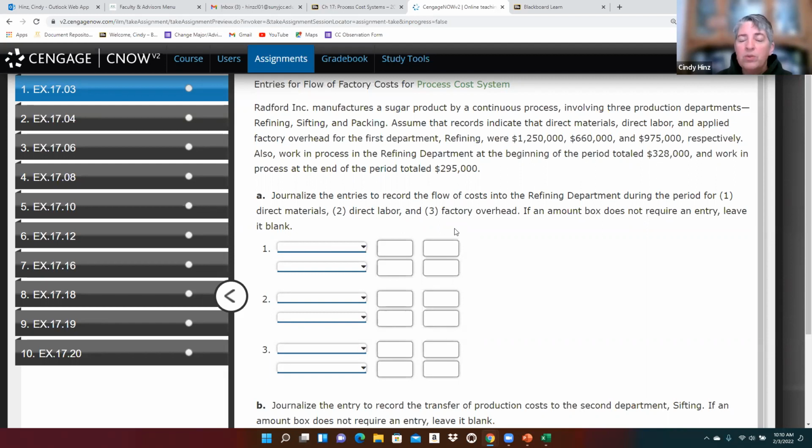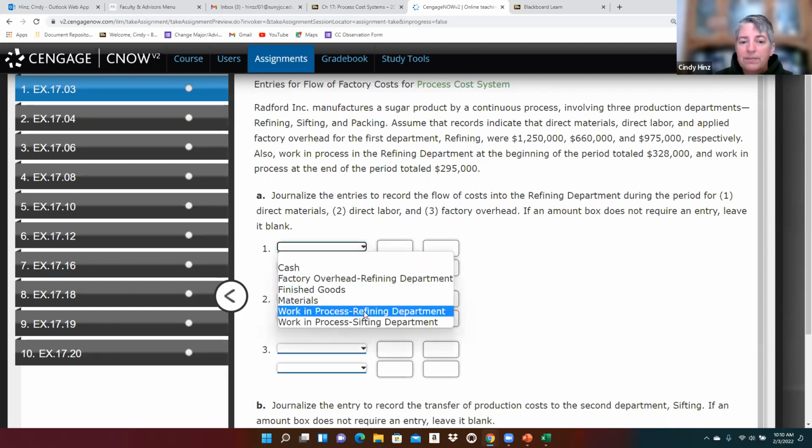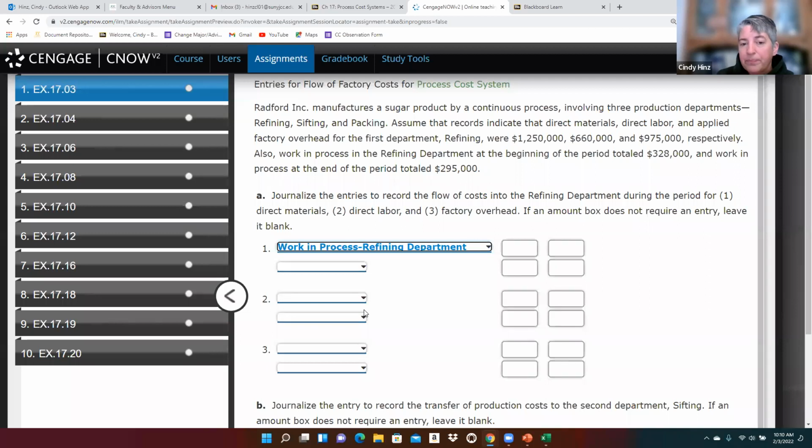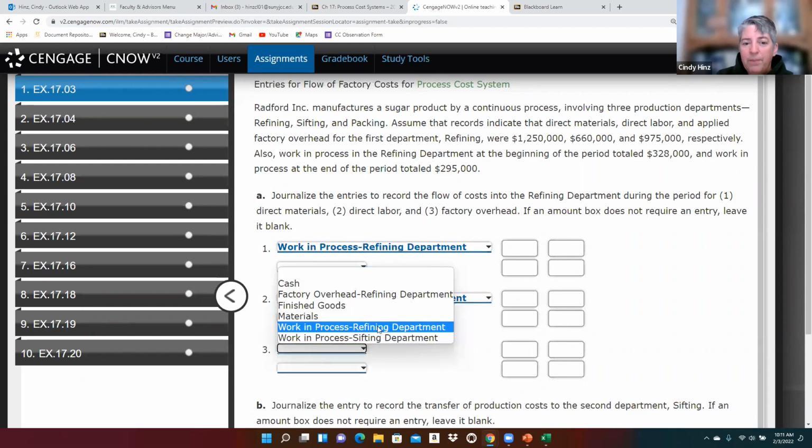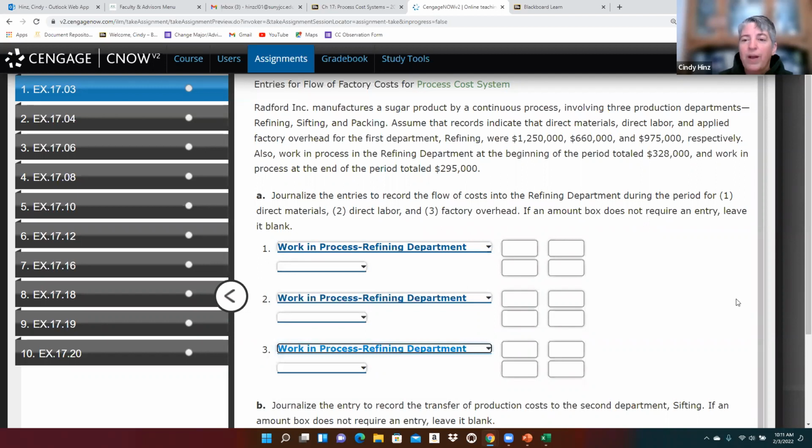We are moving those costs, direct materials, direct labor, and the allocation of factory overhead into the work in process account. But in this case, remember, this company would have 3 separate work in process accounts. And so we need to make sure we're moving them into the work in process for the correct department, which is in this case, refining. It's the first step in their 3-step process.